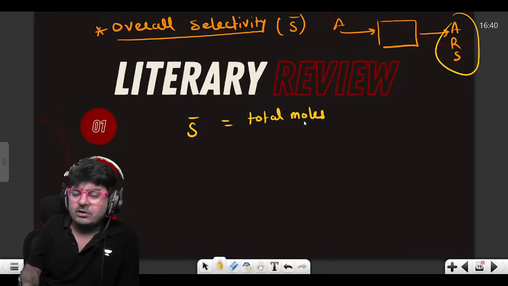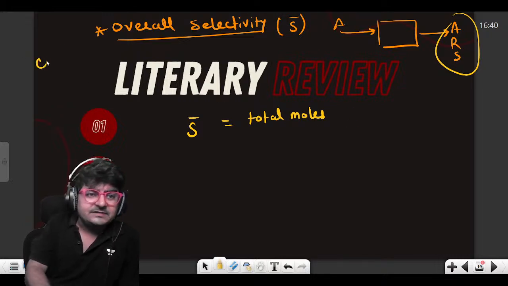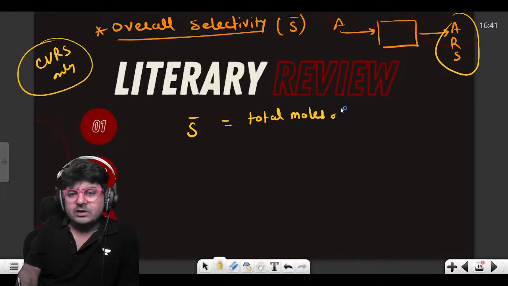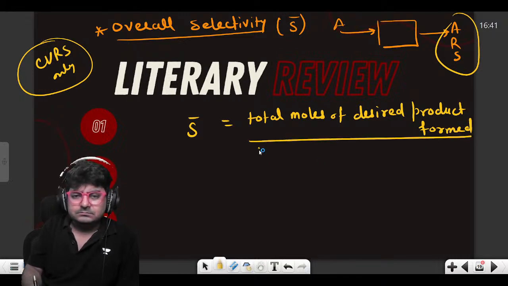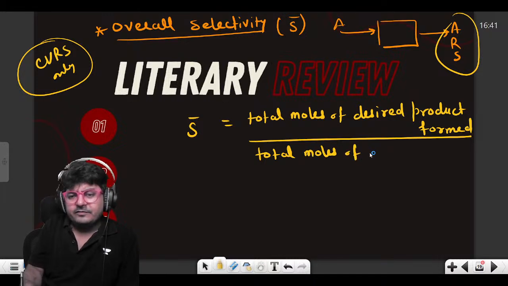This definition, all these are valid for CVRS. Total moles of desired product formed to the total moles of undesired product formed.